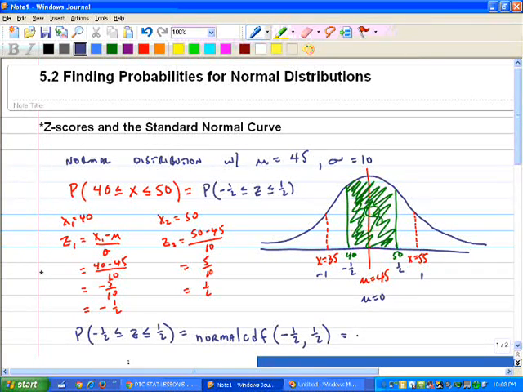And the calculator tells us the probability is 0.3829, or 38.29%. That's the probability in this normal distribution with mean equal to 45 and standard deviation of 10 that the random variable x would fall between the values of 40 and 50.